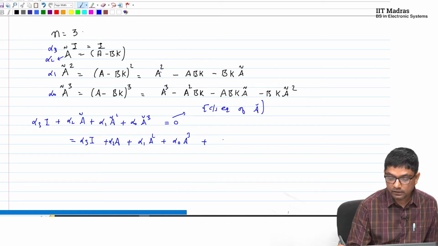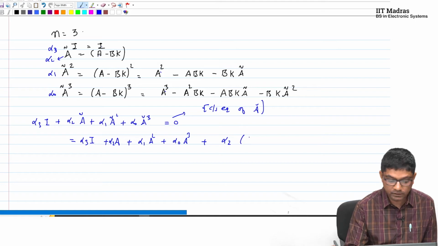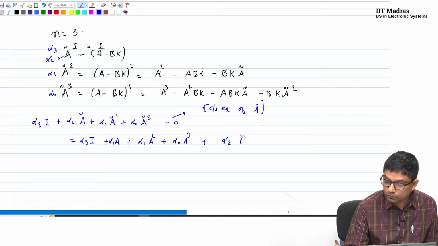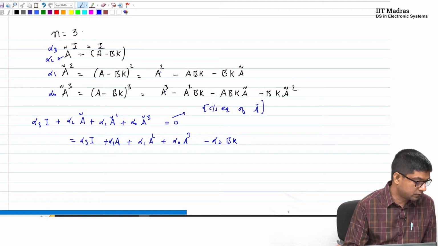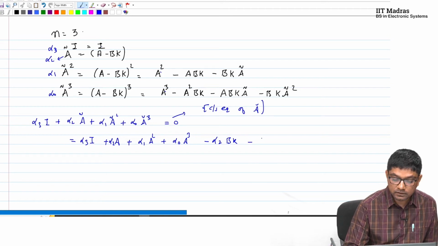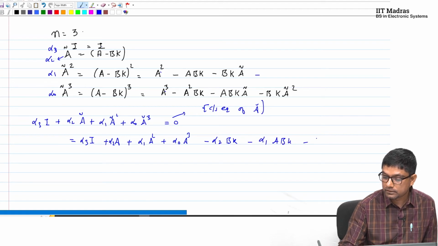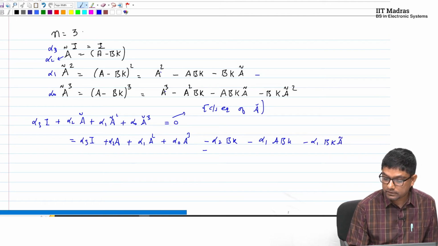So that will be alpha 2, alpha 2 goes here. So alpha 2 bk minus alpha 1 A bk, and minus alpha 1 bk A tilde minus.